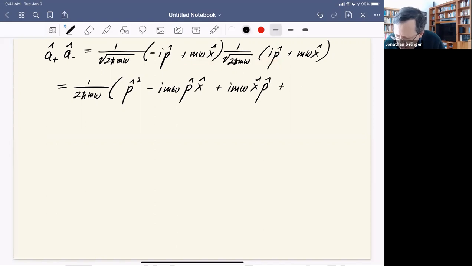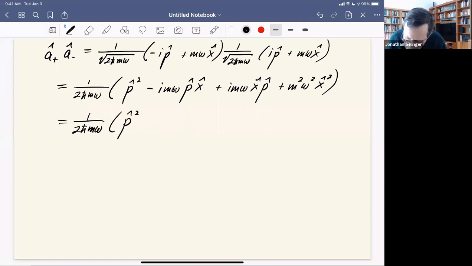And then the second acting on the second, so m squared omega squared x squared. So again, rearranging the terms, 1 over 2h bar m omega, there's the p squared plus m squared omega squared x squared, and now plus i m omega in the commutator of x with p, like that.